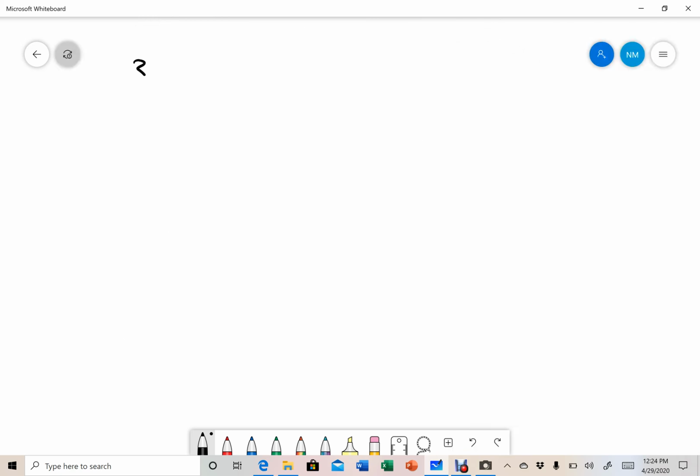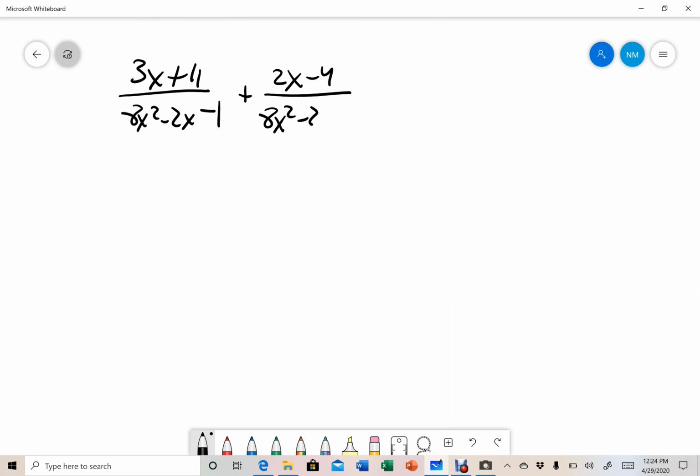I've got 3x plus 11 over 8x squared minus 2x minus 1 plus 2x minus 4 over 8x squared minus 2x minus 1, plus negative x minus 6 over 8x squared minus 2x minus 1.